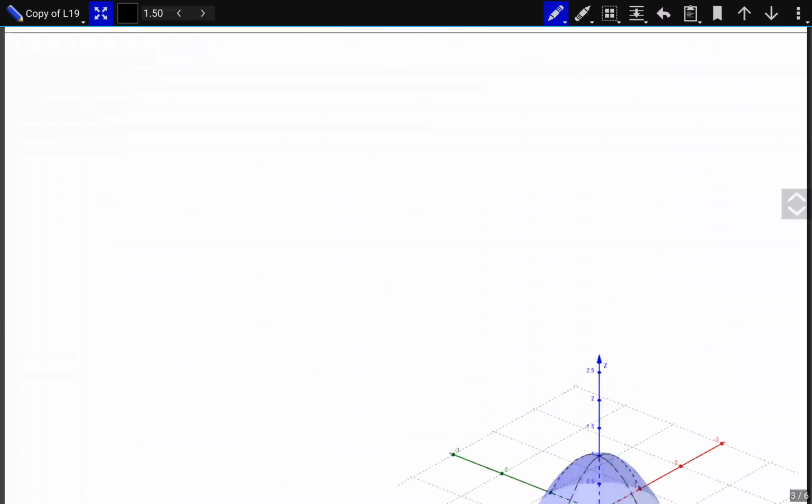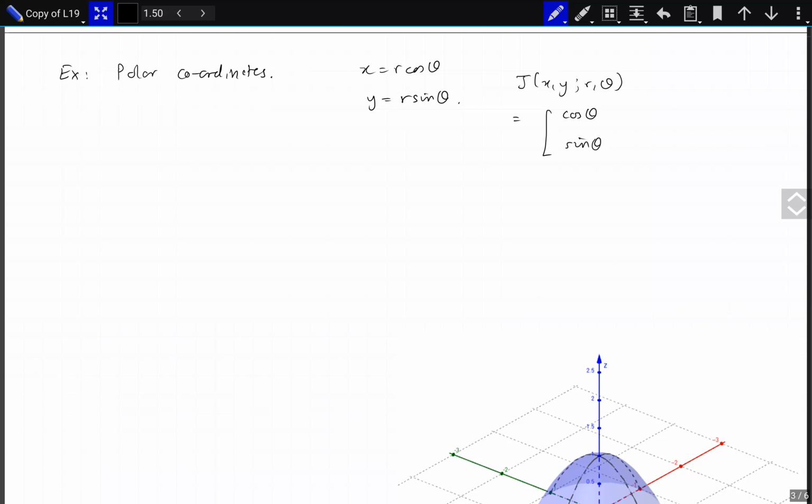I managed to get through a couple of examples in class. The first example being polar coordinates, where x is equal to r cos theta, y is equal to r sin theta. And so we have that the Jacobian in this case is the matrix cos theta, sin theta, minus r sin theta, r cos theta, and the size of the determinant of this Jacobian is just r.